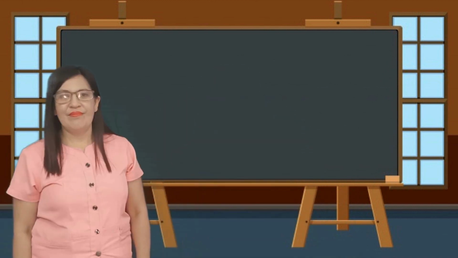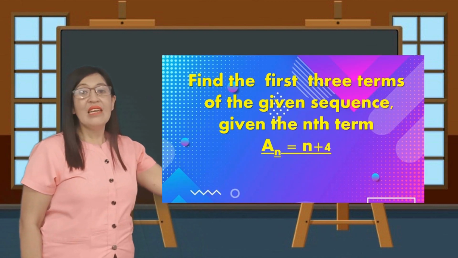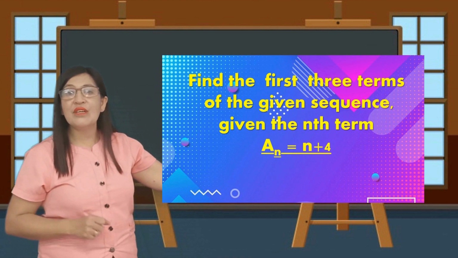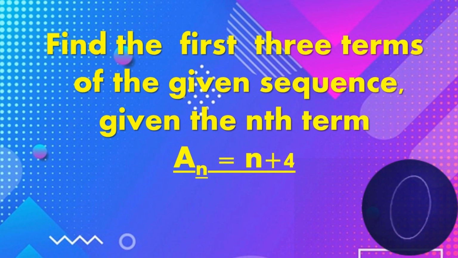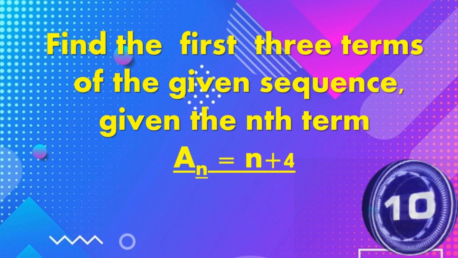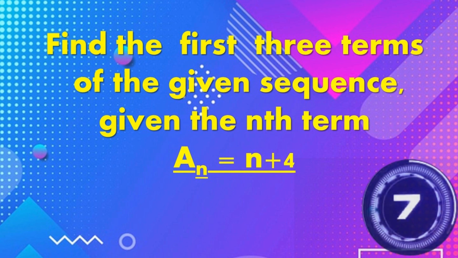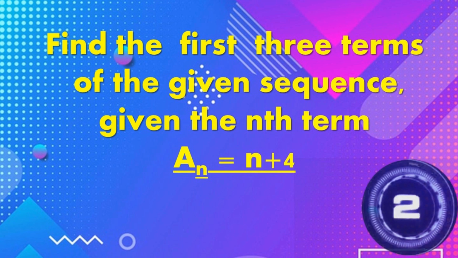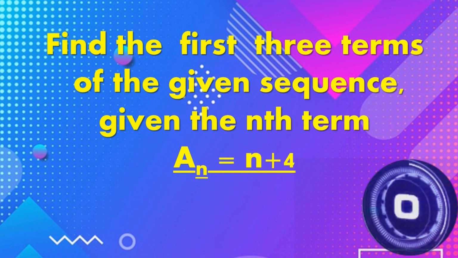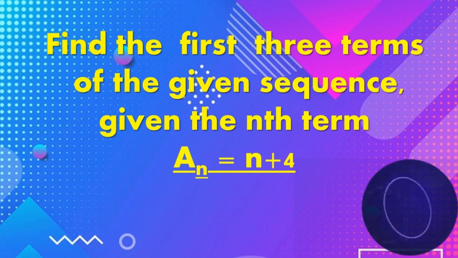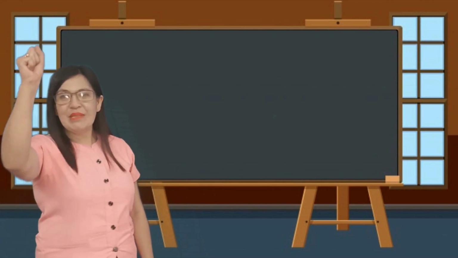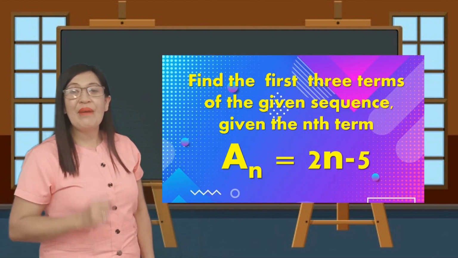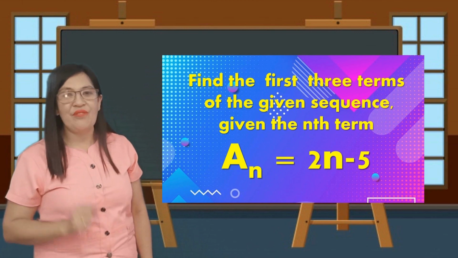Good luck. Number 1. A sub n equals n plus 4. This will be answered for 10 seconds. Time is up. Here's number 2. A sub n equals 2n minus 5.